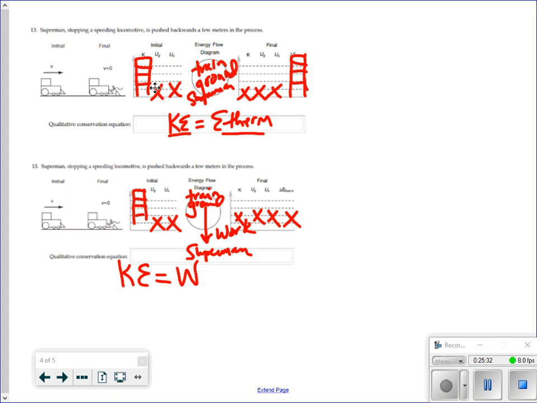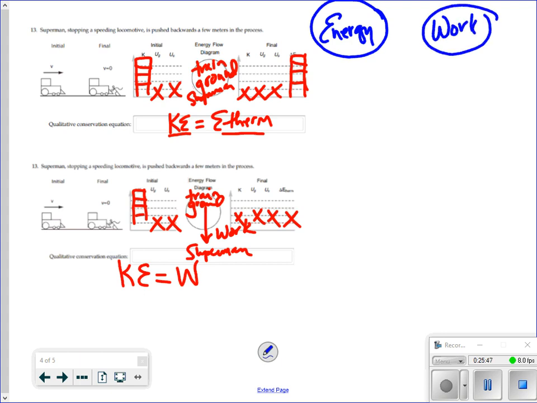I'm so glad you asked, because it comes down to our basic fundamental understanding of what energy is compared to work. So what I like to do is use the analogy of money, because most of us understand money very well.